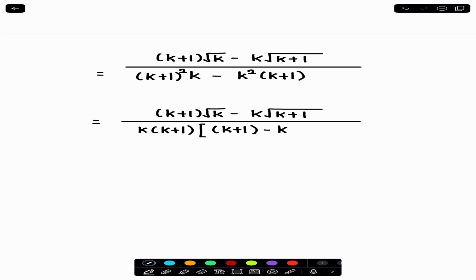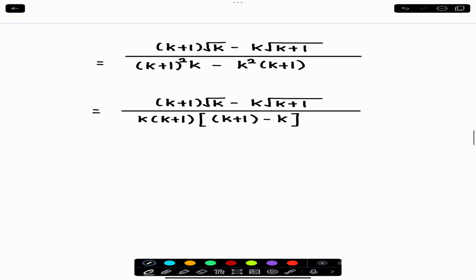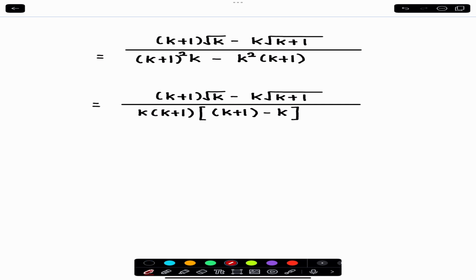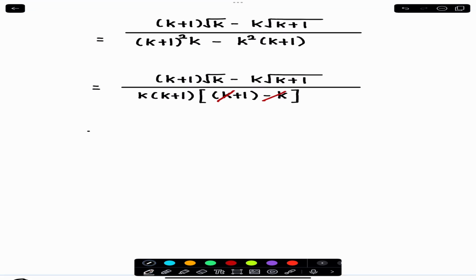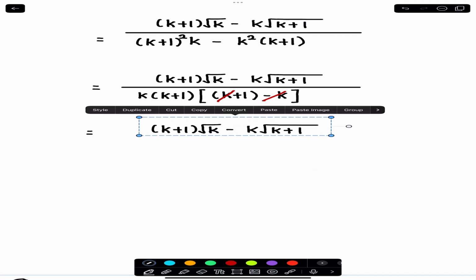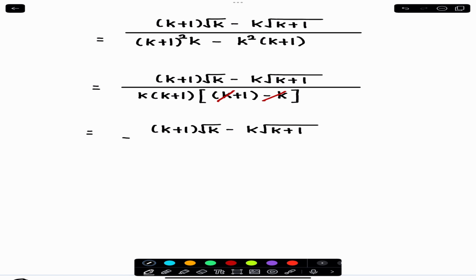So let's just mark it like that. But the great thing is that k over here is going to cancel with a minus k over here. So when we multiply by a positive 1, nothing changes. So basically what we're left with is all of this over k times k plus 1.